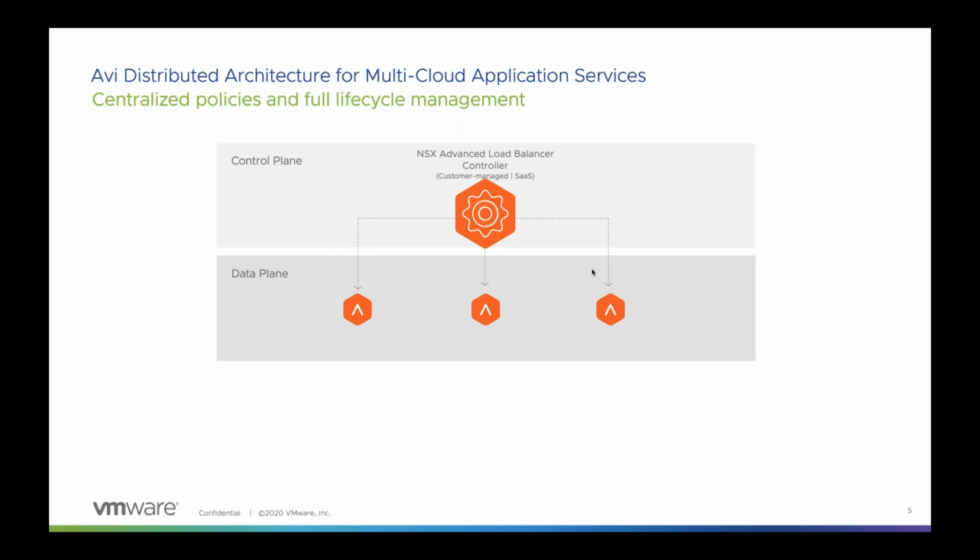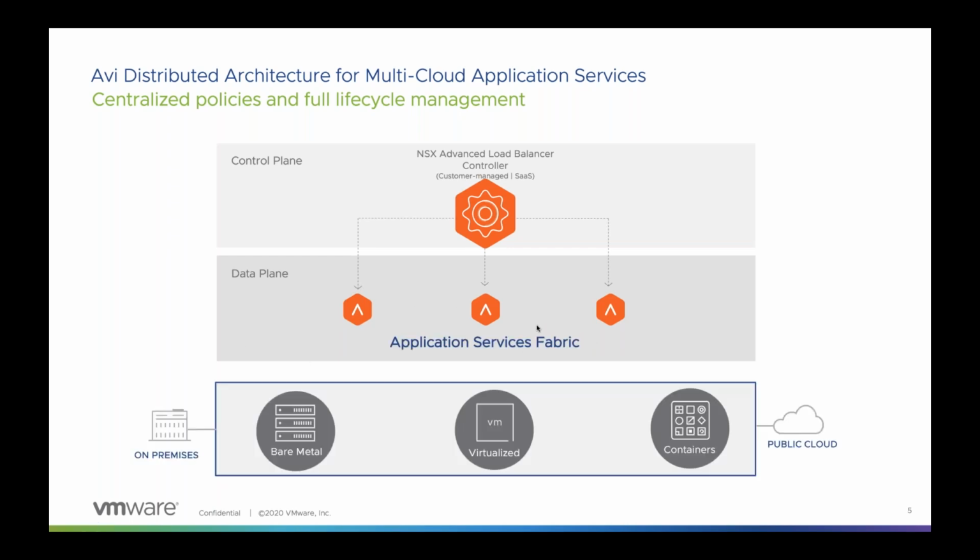For example, it could be your vCenter, it could be your public cloud like Azure Virtual Network and Resource Groups, it could be your Azure VMware Solution SDDC. And from that, it deploys these data path instances, which we call service engines, the three you see over here in the bottom half. Given that the provisioning, the lifecycle of the service engines, all of the configuration is automated, this provides for a very consistent set of features across whatever environment you're running this on.